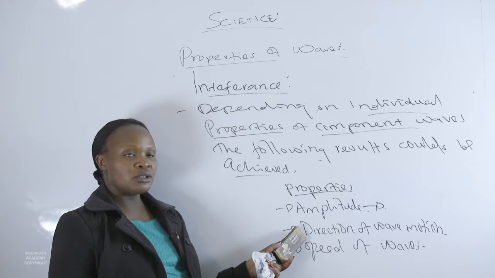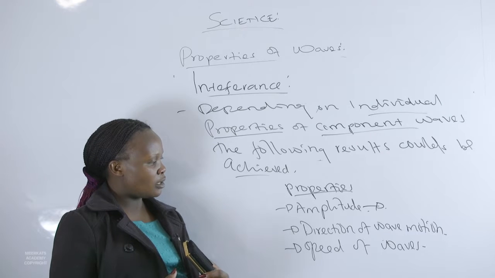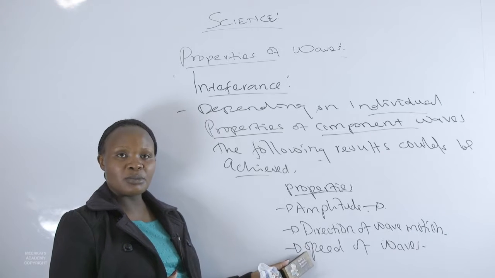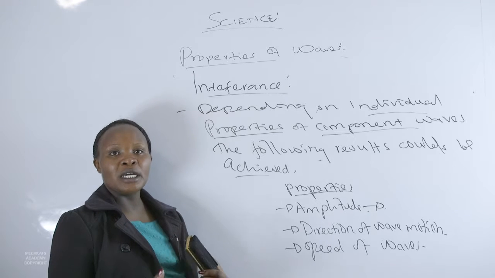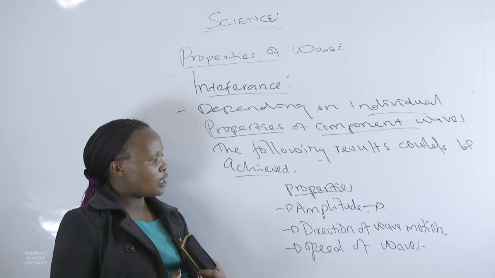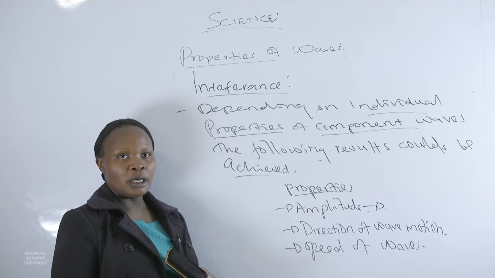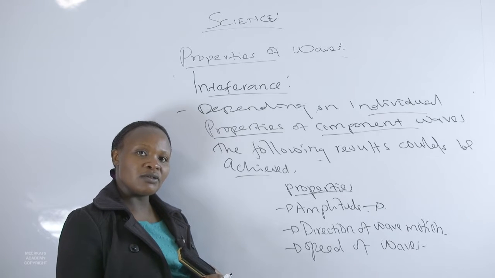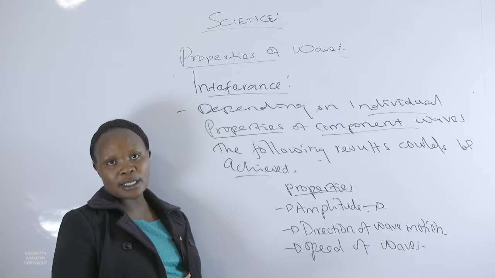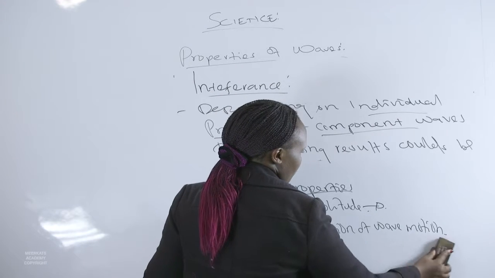Now, the direction will depend on the direction of the individual waves as well, and so will the speed. However, the frequency is going to be maintained. The frequency of the component waves is going to be maintained, so that now the resultant wave is going to have the same frequency as that of the component waves.